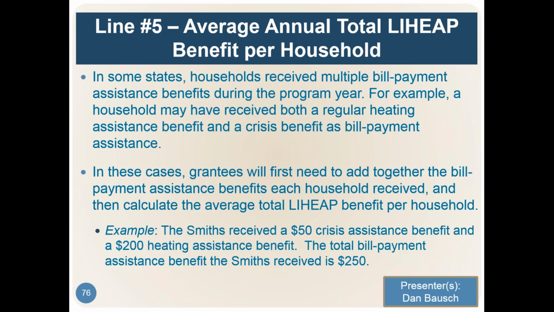And there's an example in the last bullet here. The Smith household got a $50 crisis assistance benefit, and they got a $200 heating assistance benefit. You would add those two up, and the total amount the Smith household got is $250, and that would be used in calculating the average amount across multiple households.